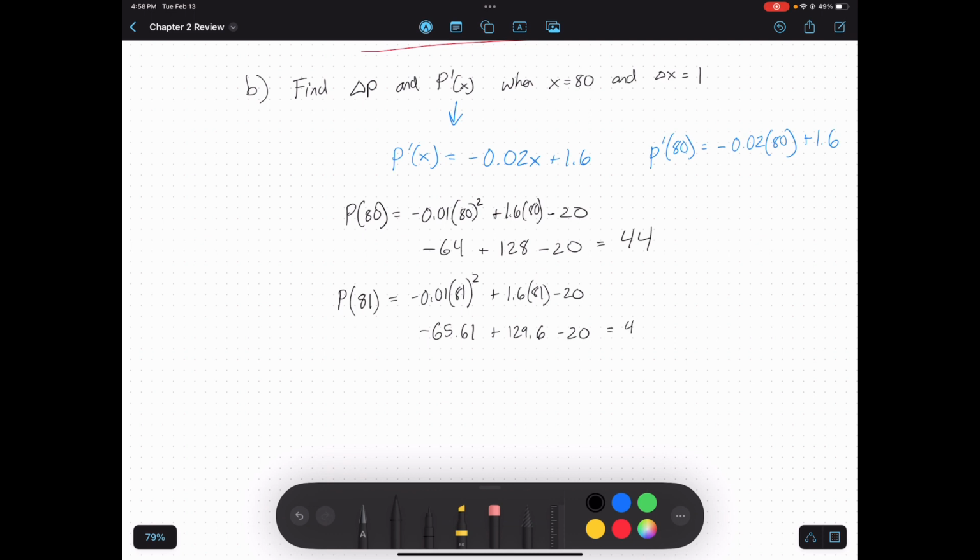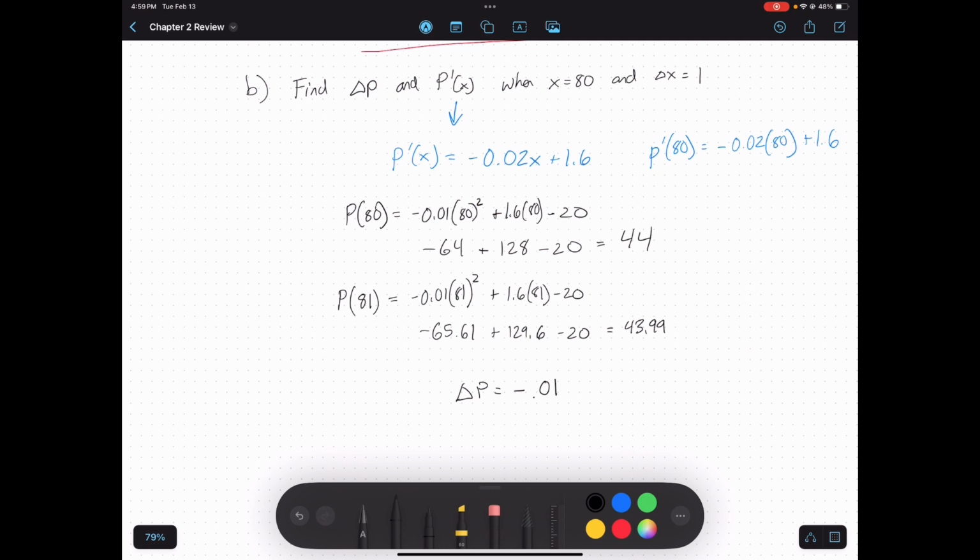I end up with 43.99. So, what's my delta P? How did my P change? Well, my P changed by going down by, so negative 0.01. Do we see that? I went from 44 to 43.99, so my profit went down.